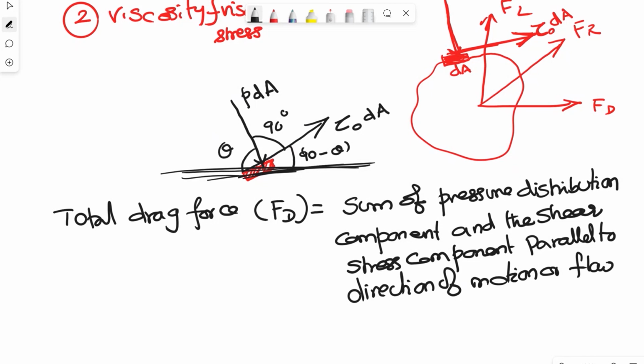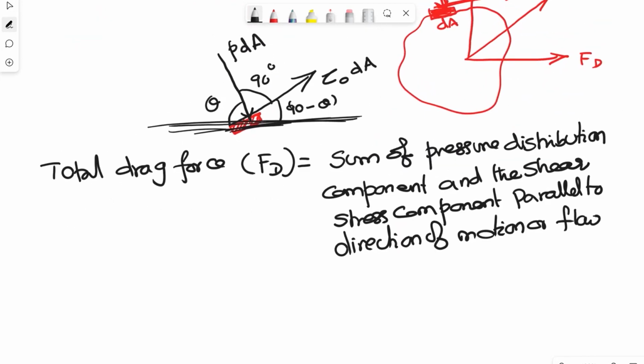Now take the pressure component in the direction of flow.